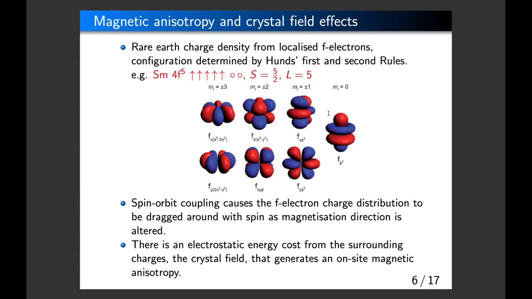And so one has these f electron charge distributions set up in the material, and then spin-orbit coupling causes this charge distribution to be essentially dragged around with spin as the magnetization direction is altered. And this generates an anisotropy, basically from the electrostatic energy cost from all the surrounding charges, namely the crystal field.